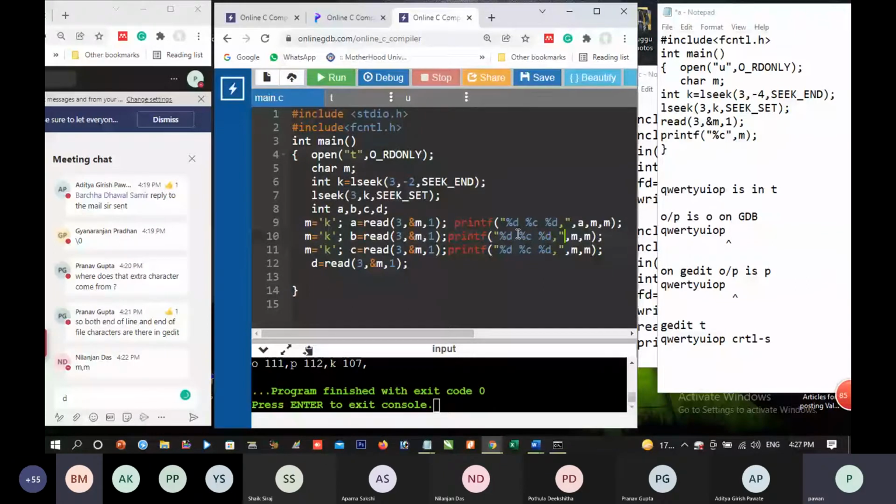Let us try to print the value of ABC also, and you see A and B will be coming out as 1 and 1, but the value of C will be coming out as 0 because the system call has failed, but not failed in some other manner. The value of A and B is 1, but the value of C is 0 because the system call has failed. Is this all right to you?